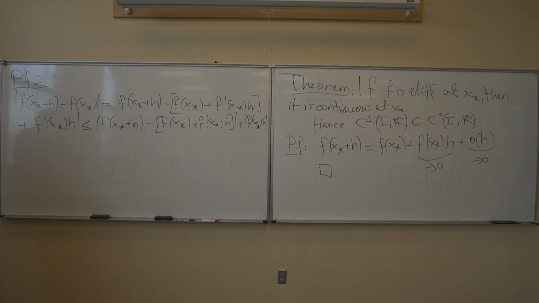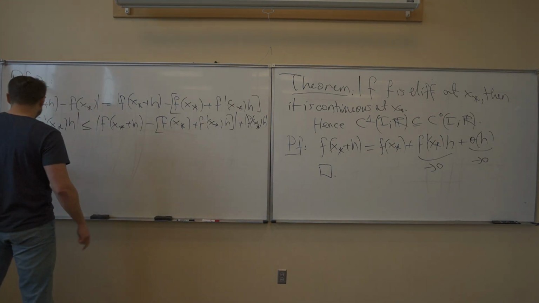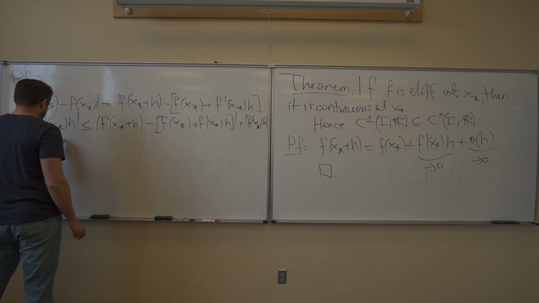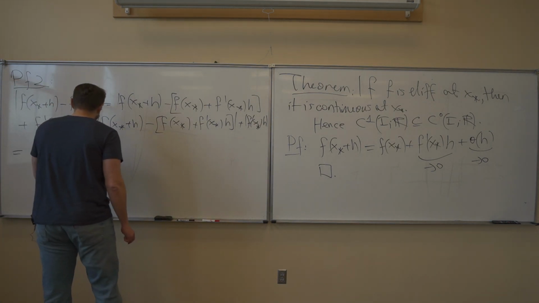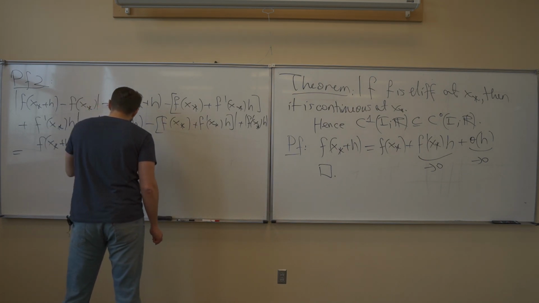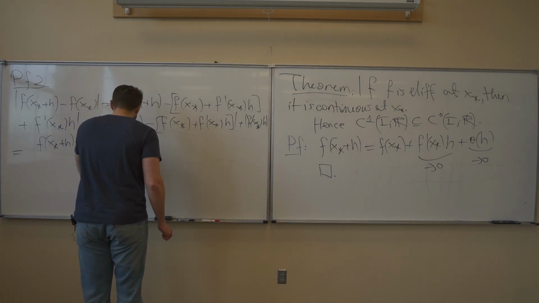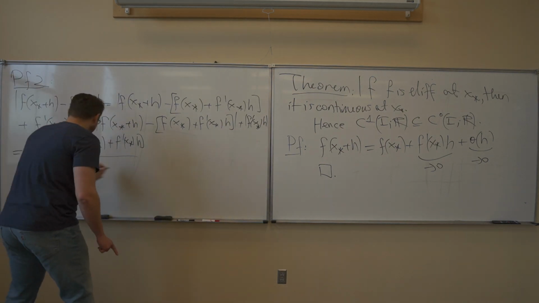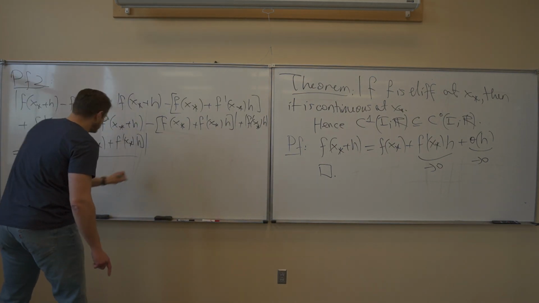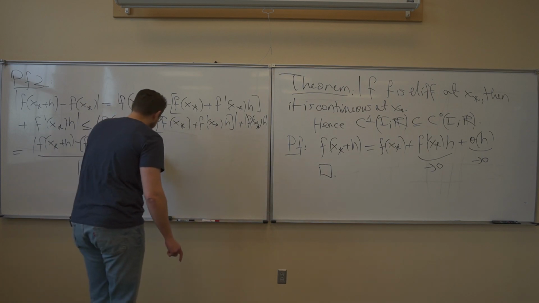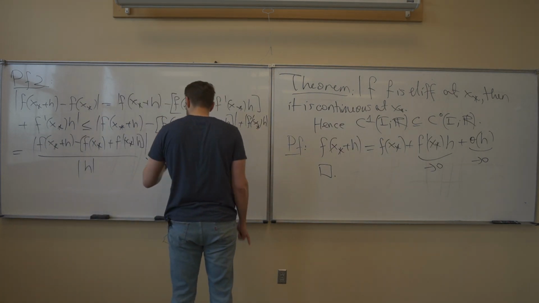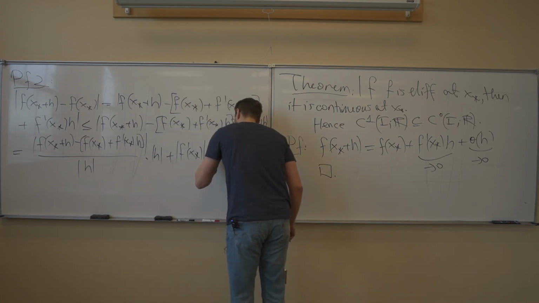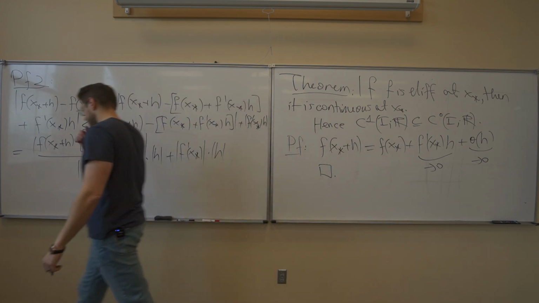Then I'm going to divide and multiply by h. So I have this minus f of x star plus f prime of x star times h divided by h, then multiplied by h, and then this is f prime of x star in absolute value times h in absolute value. Okay.